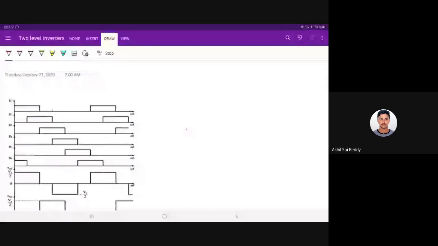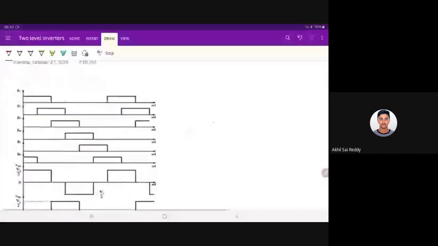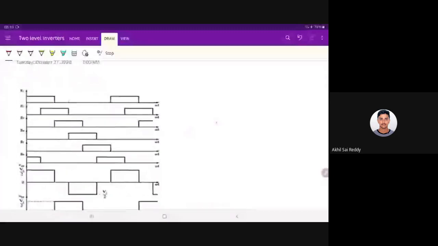So here, space vector modulation. In case of sine PWM techniques, what we normally do is each phase is separately controlled, right? But in case of space vector modulation, all the three phases are controlled together in a vector form.